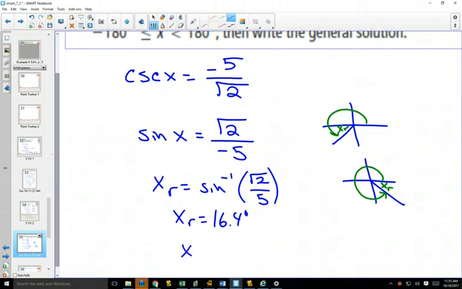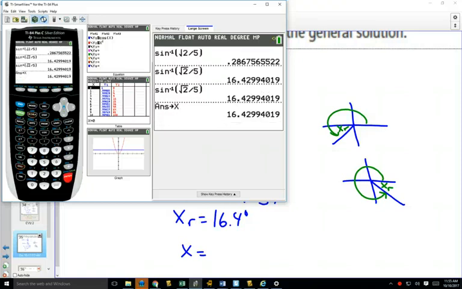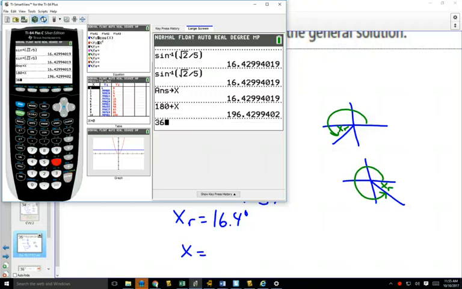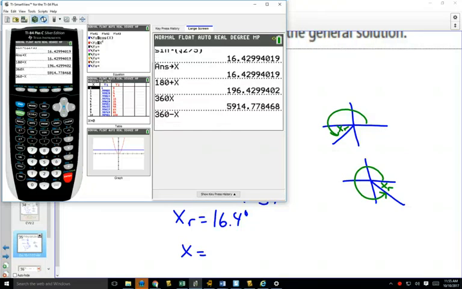So when I go to write these answers out, again, I'm going to store my reference angle as x, and I can go 180 plus x for quadrant 3, and 360 minus x for quadrant 4.